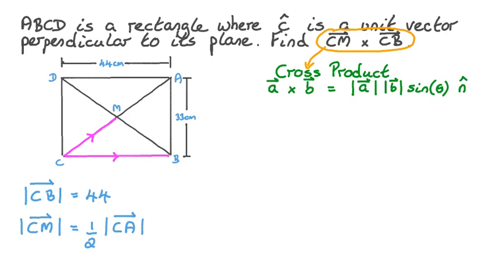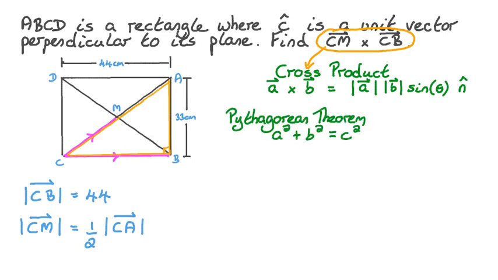We can see from the diagram that the magnitude of vector CM will be equal to 1/2 of the magnitude of vector CA. As triangle ABC is a right triangle, we can use the Pythagorean theorem to calculate the length of CA. The Pythagorean theorem states that a squared plus b squared is equal to c squared, where c is the length of the longest side or hypotenuse.